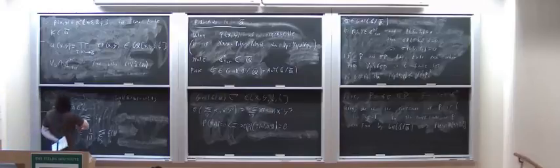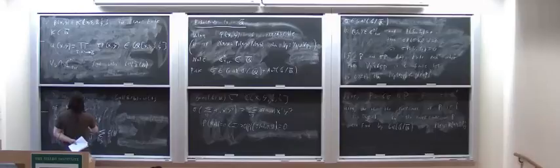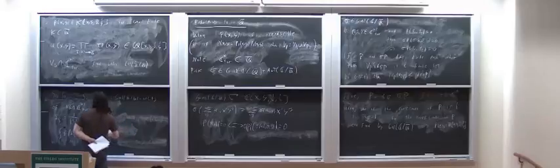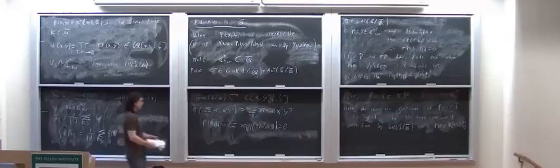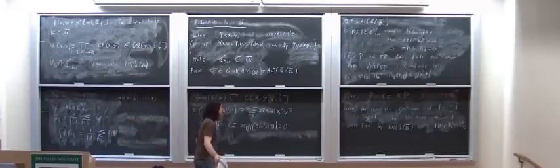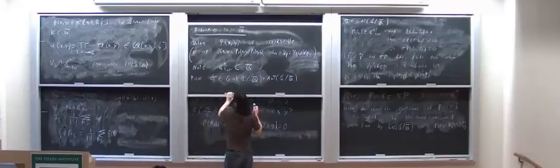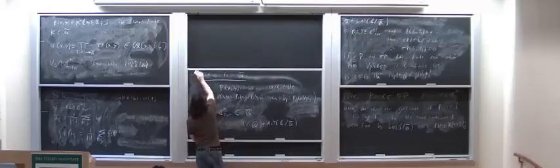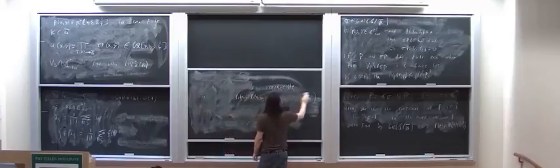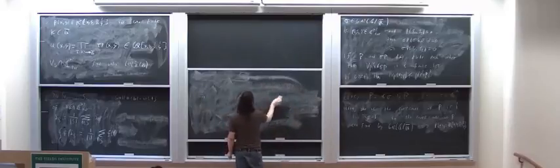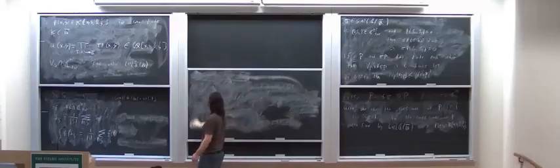Maybe I'll change my p's to t's so it's not confusing. Okay? And so now we want to say that unless there's some sort of torsion coset structure going on, these guys spread out as much as possible.